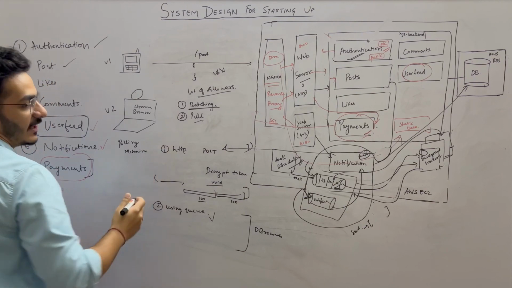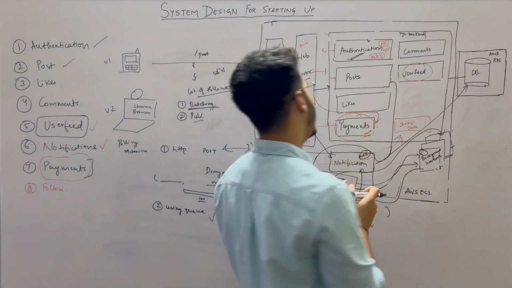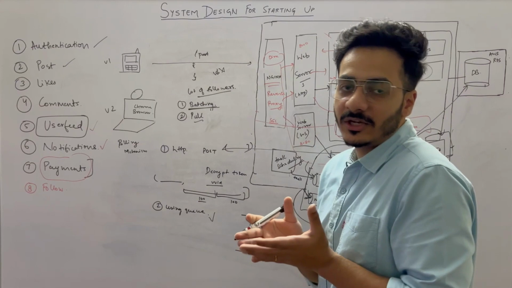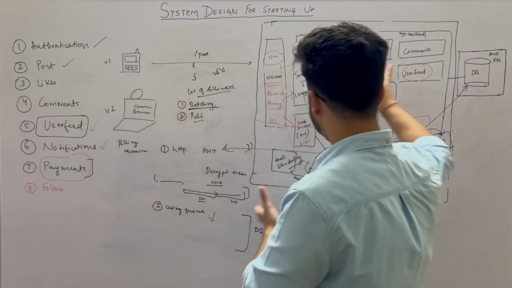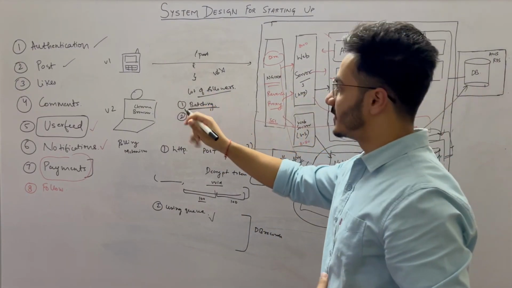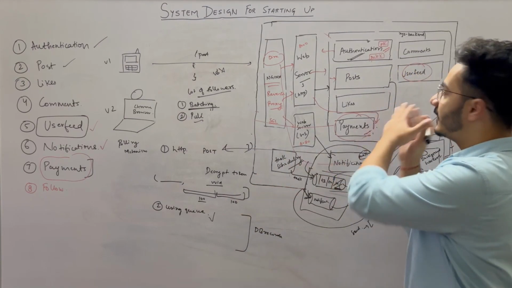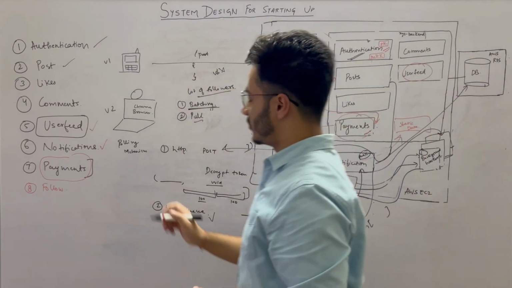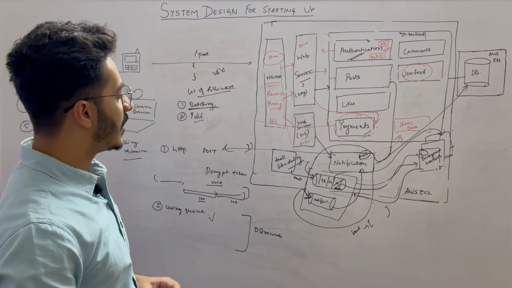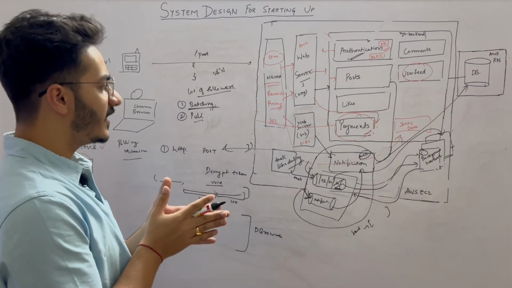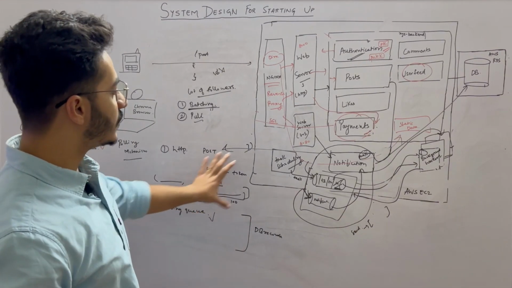After every 10 seconds, or every 1 minute, or whatever duration you want, they will keep hitting the server to retrieve those notifications. If there are new notifications, they can receive them. This is called a polling mechanism. So now I think we have a very clear understanding of how we will create this notification and all that.